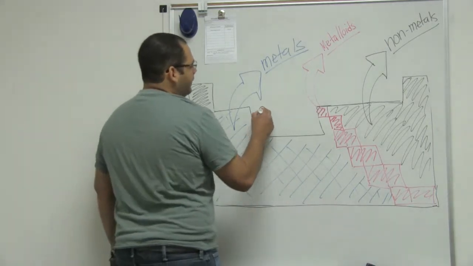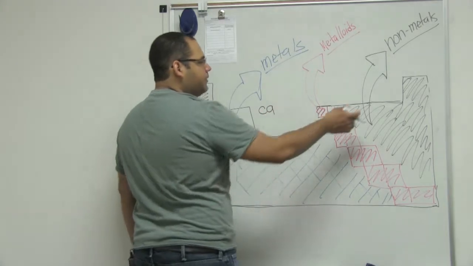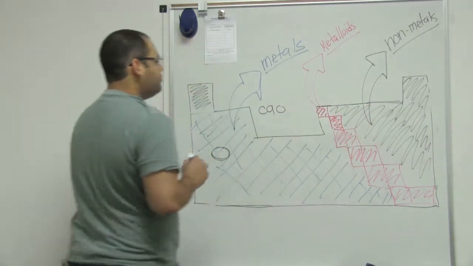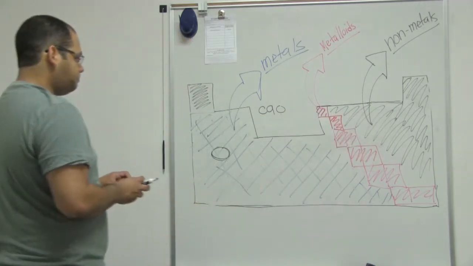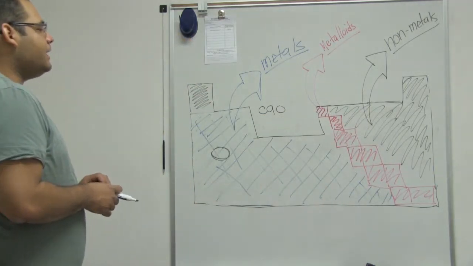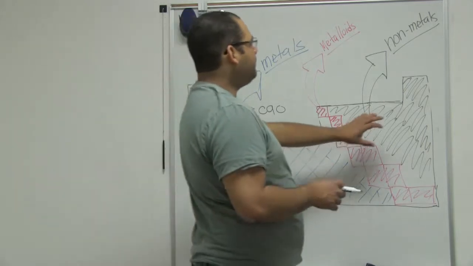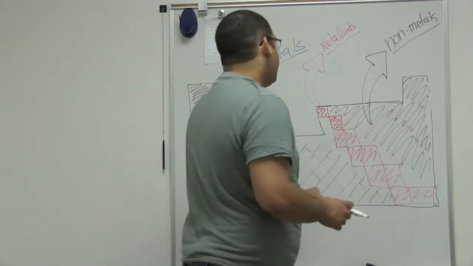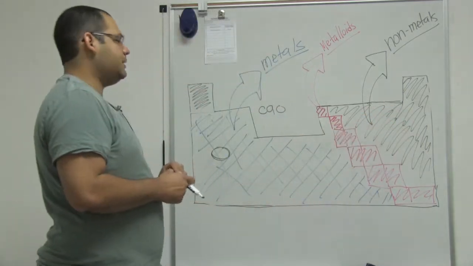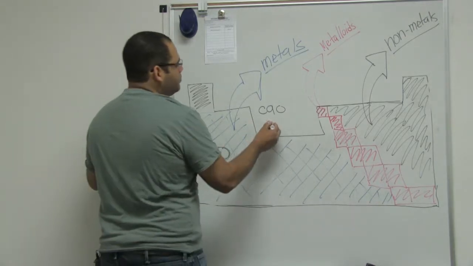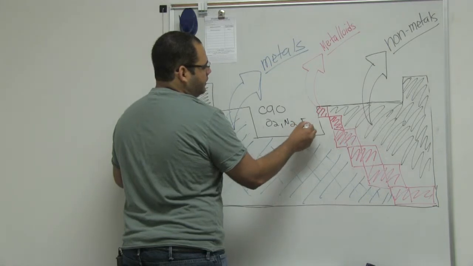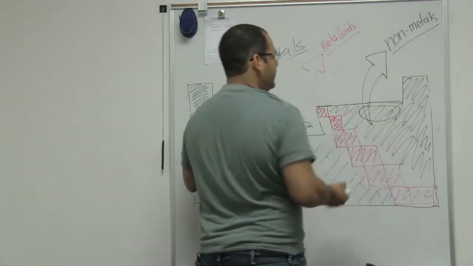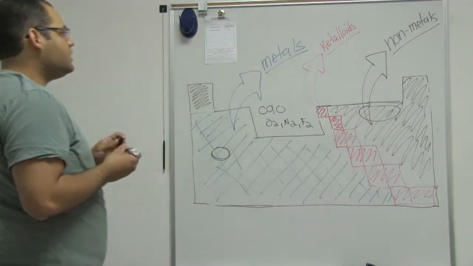It's Ca, and when combined with oxygen, which is a nonmetal, we have an ionic compound. Every time I have nonmetals combined with nonmetals, I have a molecular compound. For example, O2, N2, fluorine, all located on this side here.